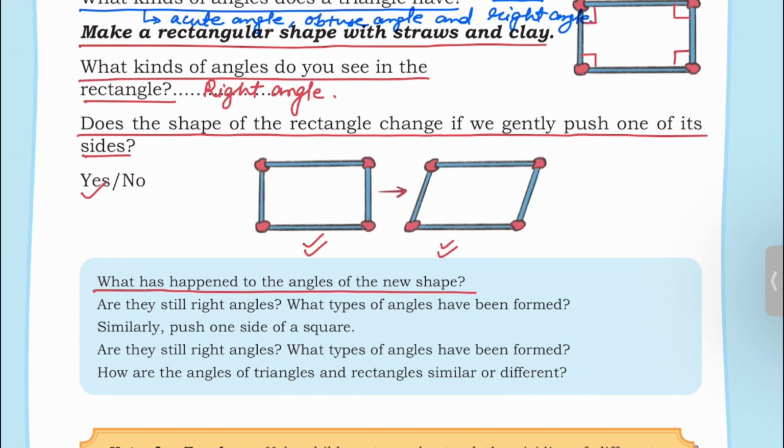In other words, you can say the right angle has become obtuse angle or acute angles. Are they still right angles? No. What types of angles have been formed?